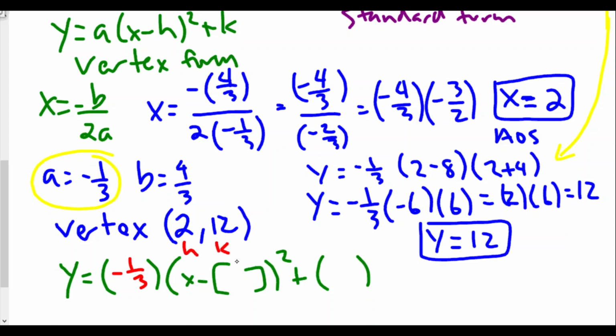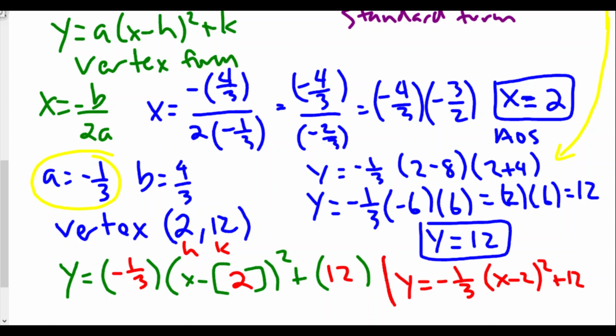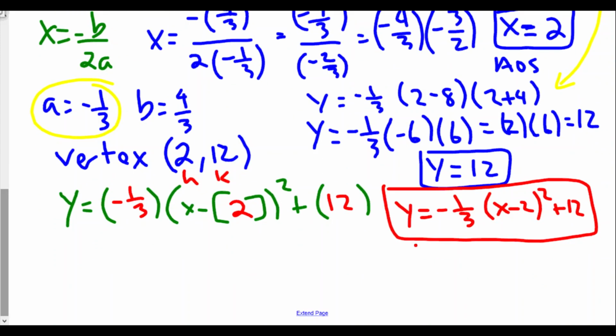So here h is 2 and our k value is 12, giving us the quadratic function negative 1/3 times x minus 2 squared plus 12 as our vertex form. And this is going to be our final answer. Okay, so this is the vertex form.